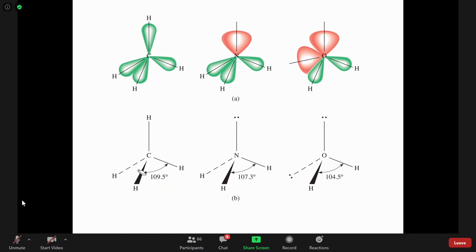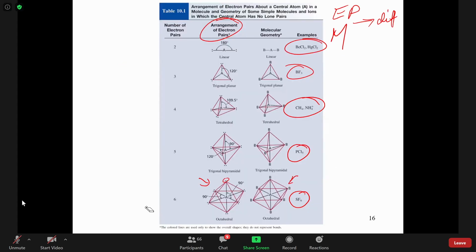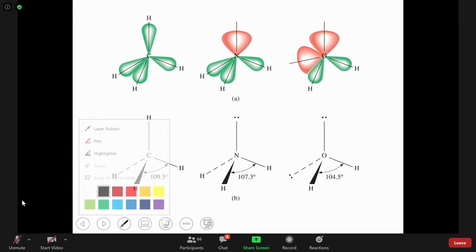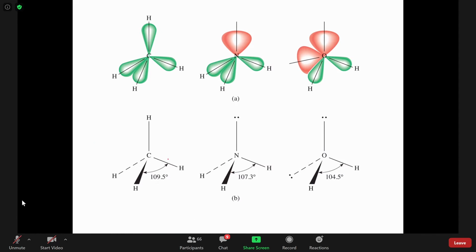Notice that in the tetrahedral bond, we said all bond angles 109.5. But here in NH3, the bond angle between these bonded hydrogens has gotten a little bit compressed. And it's gotten even more compressed in this molecule, which is water.